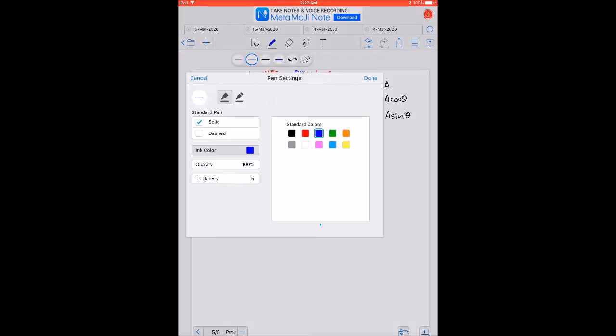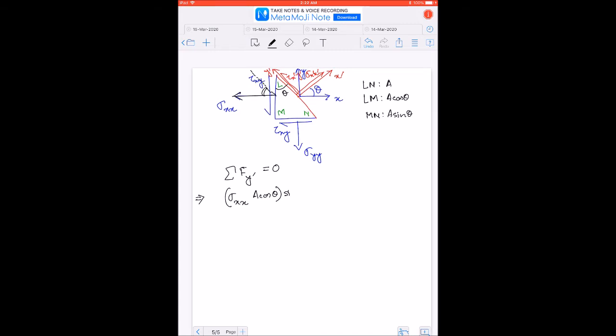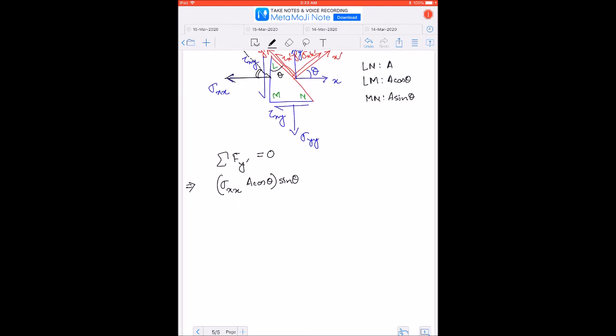So this angle was theta, which means this angle is 90 degrees minus theta. So this is cos of 90 degree minus theta, that is sine theta, along the y dash direction.